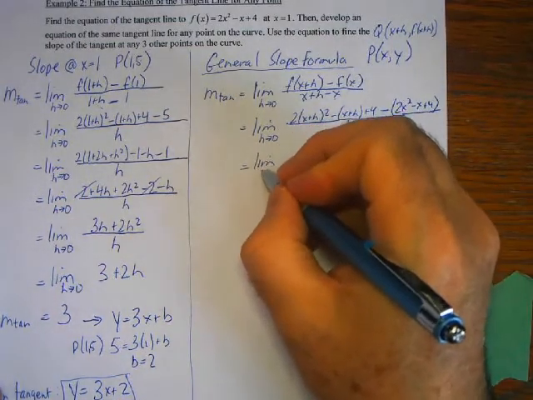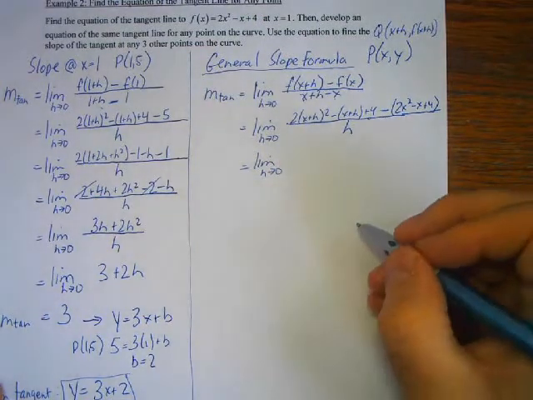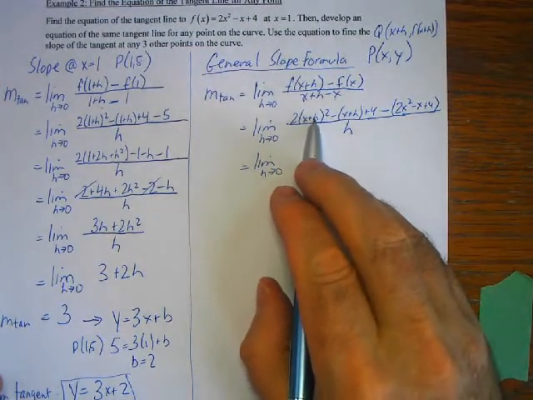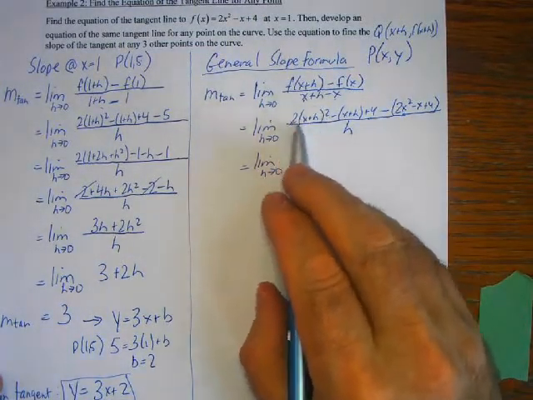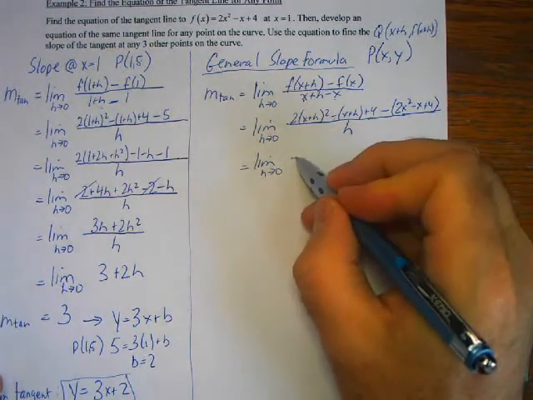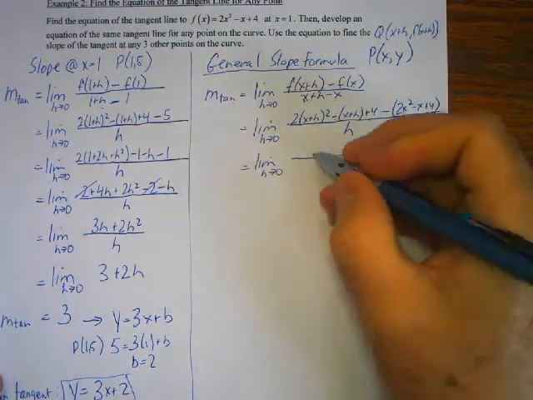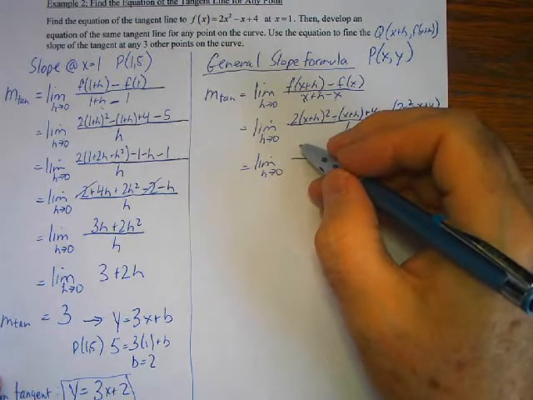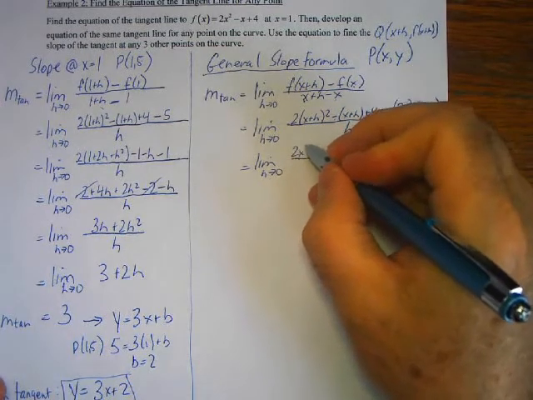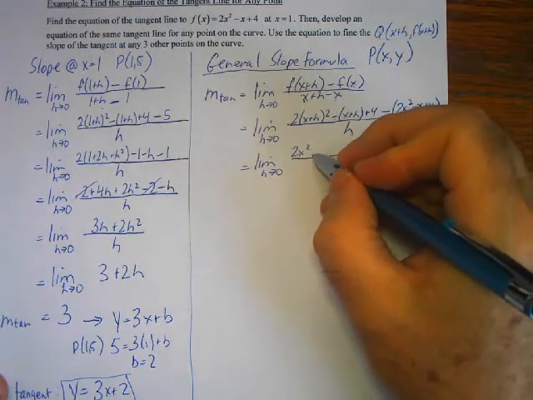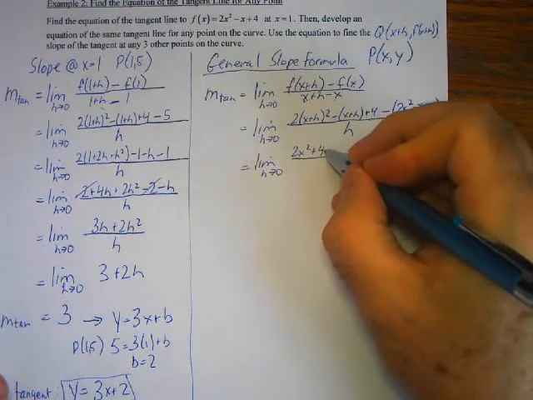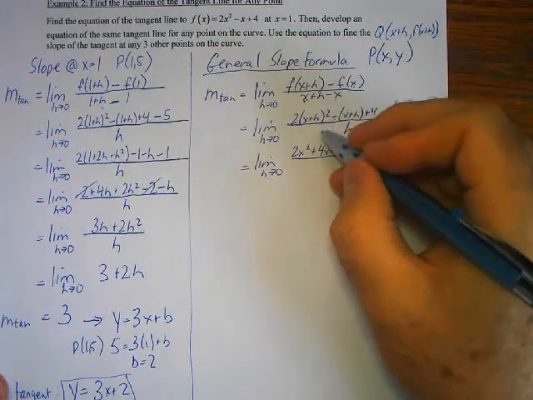Okay, now if I expand this out, I'm going to kind of do the whole thing here. Square x plus h and then double the terms. I'm going to get 2x squared plus 4xh plus 2h squared.